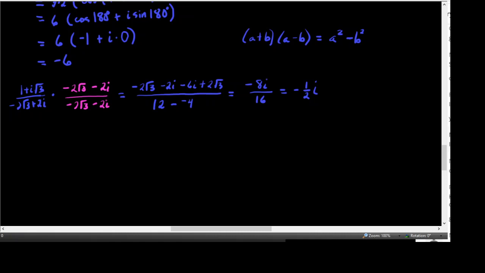If I were to write these in polar form for you, so I forgot to write the i. And I'm not going to go through this process again. I'm just going to show you the final result. This would be 2 cosine of 60 degrees plus i sine of 60 degrees.